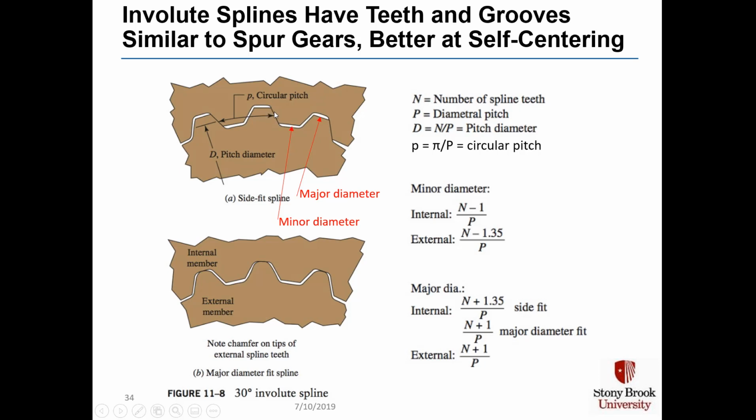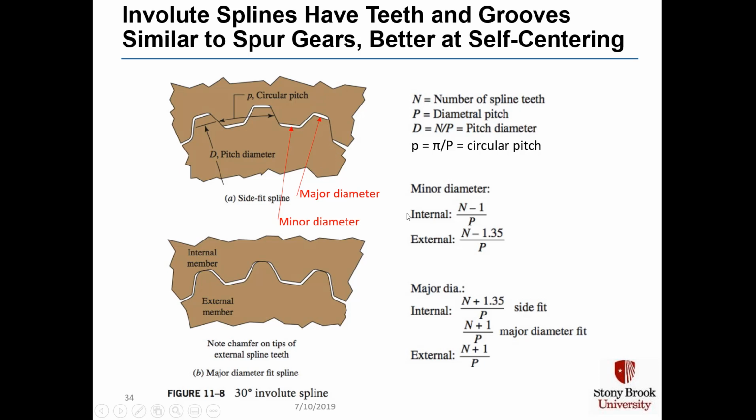Circular pitch small p is defined similar to a gear tooth, from one point on a tooth along the pitch diameter to the corresponding point on the next tooth. And the pitch diameter is this center line position within the tooth relative to the middle of the spline.